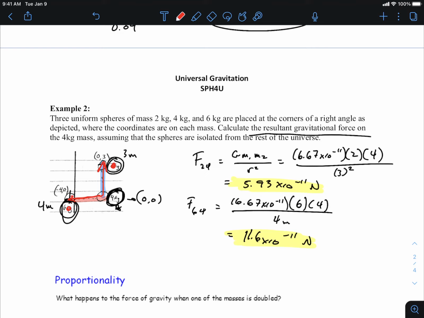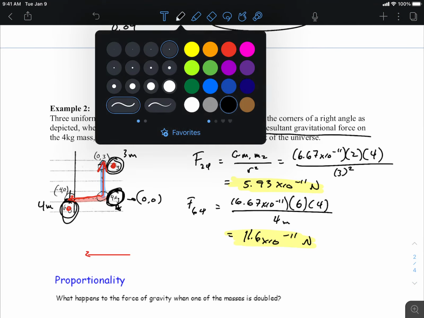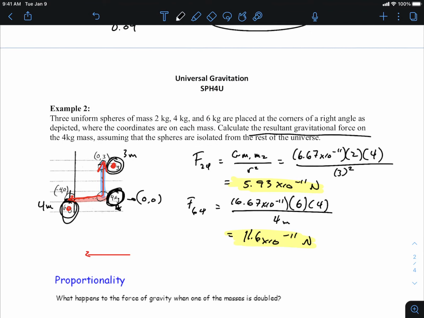How do we add vectors together? Well, we're going to add one in this direction. This is going to be this component, right? Because it's in the x direction, 6 on 4. So we're going to say 11.6 times 10 to the negative 11 newtons. And then we also have a y component, right? A force of attraction in the y direction.